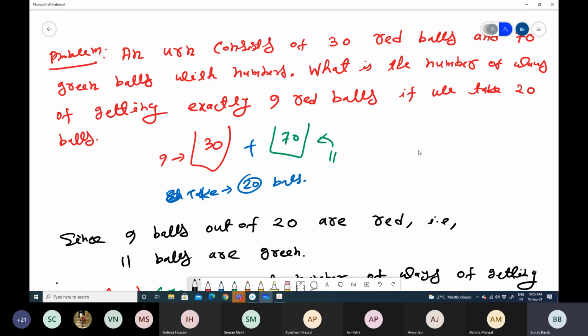You have 30 red balls, R1, R2, up to R30, mixed up with G1, G2, and so on. You are taking just 9 balls from these 30. So this is just 30 choose 9. That's all.